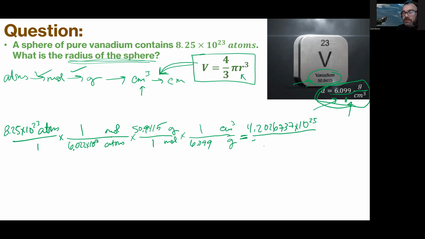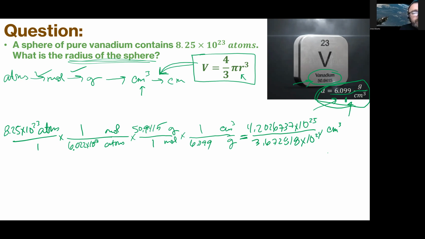That's 3.672818 times 10 to the 24. This fraction has units of centimeters cubed. Our next step is to divide those two things. We take this one and divide it by that one, and I get 11.4426.